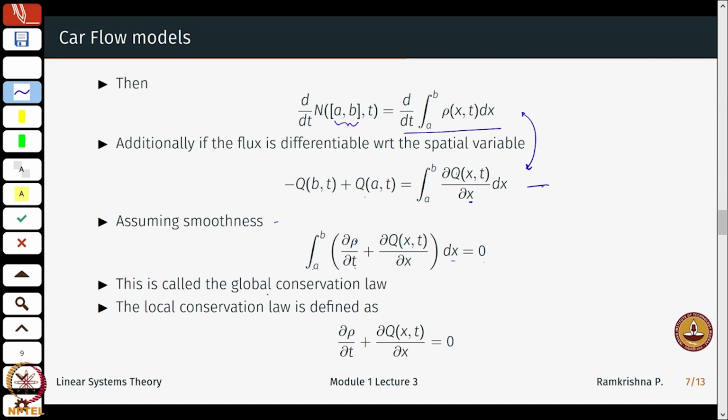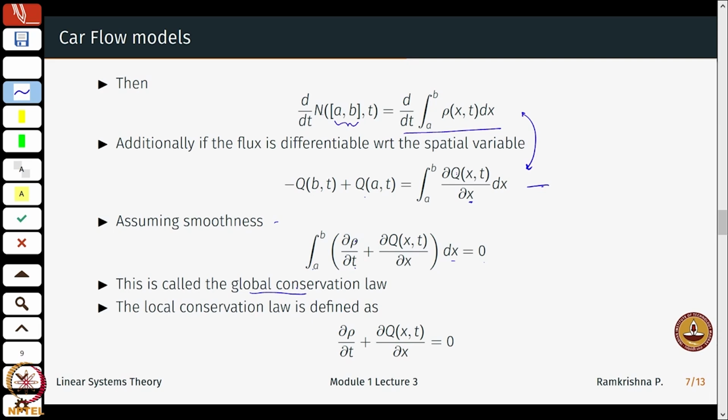Okay, this is what I call a global conservation law, right, that the number of cars are conserved, that whatever is going from point A is actually coming out at point B, and all of a sudden a car does not disappear or appear from nowhere.